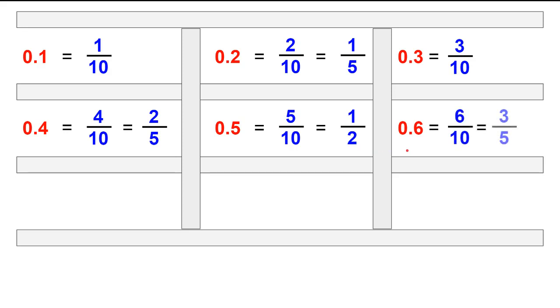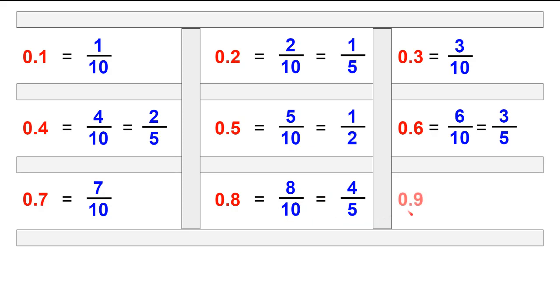Simplifying it will lead us to 3 over 5. 0.7 is 7 over 10. 0.8 is 8 over 10, which can and should be simplified to 4 over 5 by dividing them both by 2. 8 divided by 2 is 4, and 10 divided by 2 is 5. 0.9 is 9 over 10. Very easy.